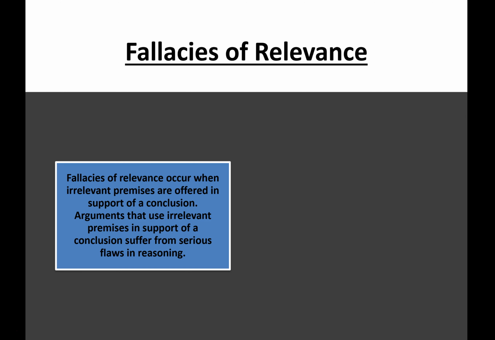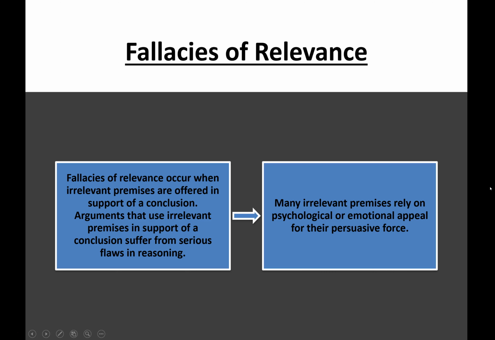So the first group is 3.2, and they're known as fallacies of relevance. Fallacies of relevance occur when irrelevant premises are offered in support of a conclusion. Arguments that use irrelevant premises in support of a conclusion suffer from serious flaws in reasoning. Many irrelevant premises rely on psychological or emotional appeal for their persuasive force.